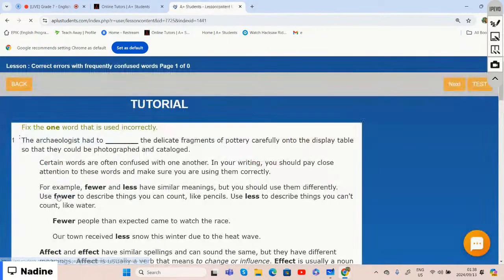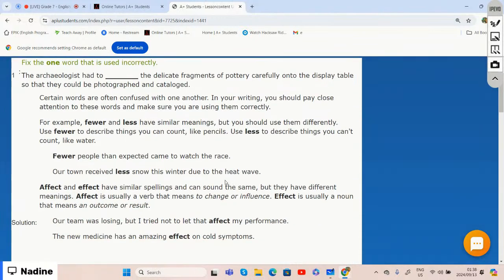All right, so now we're going to correct errors which frequently confuse words, right? And once again, we said when it comes to certain words, certain words are often confused with another word because we think that it is similar. But when you put it in a specific context or sentence, then you'll realize that the meanings of these words are actually different, like fewer or less.